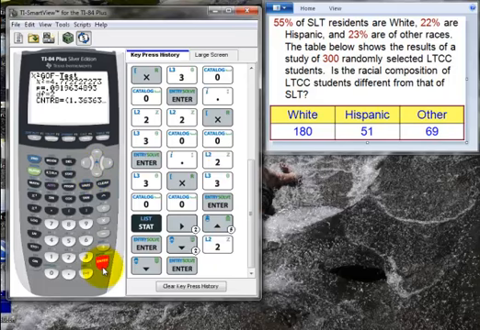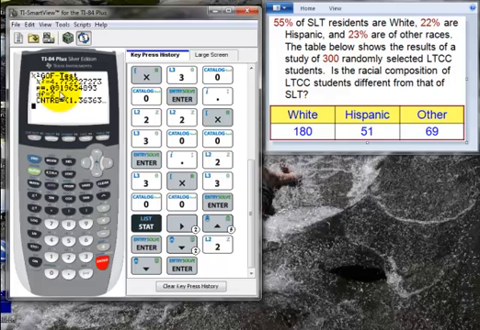And here we have it. Notice that the chi-squared, by the way, this is not an X. This is the Greek letter chi. And that's what it looks like. And the test statistic is chi-squared equals about 4.77. And the p-value is about 0.09.